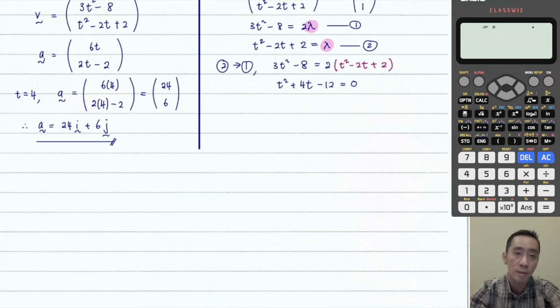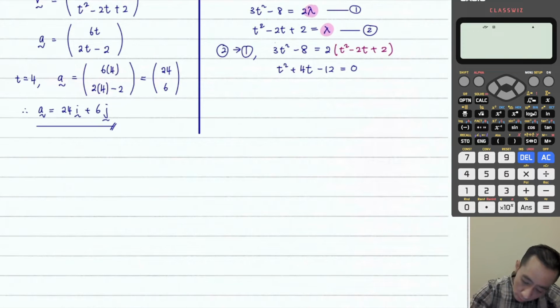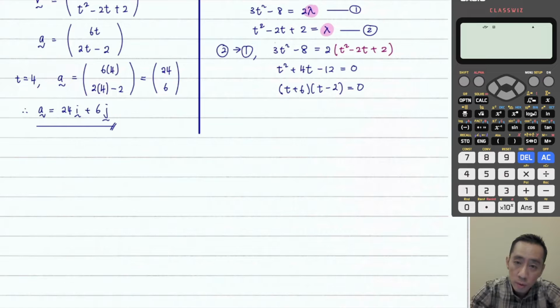So factorize and find the value of t. So for this one, 12, 6, 2. So t plus 6, t minus 2 equals 0. So here we have t equals negative 6 or t equals 2.